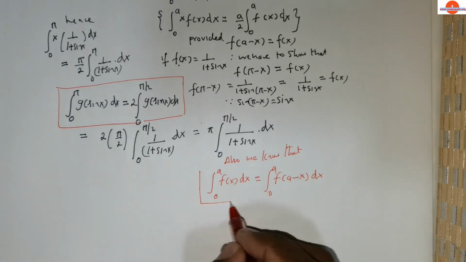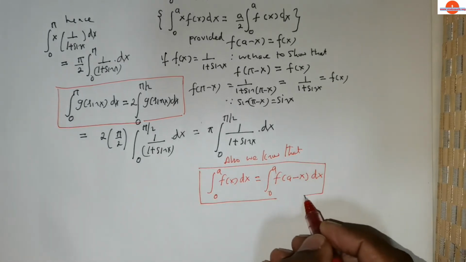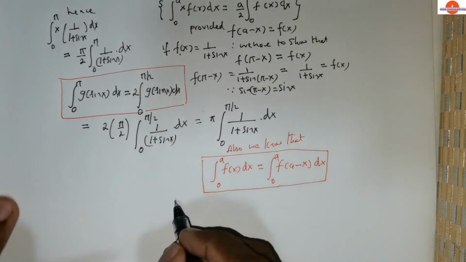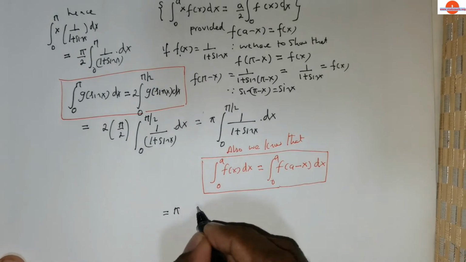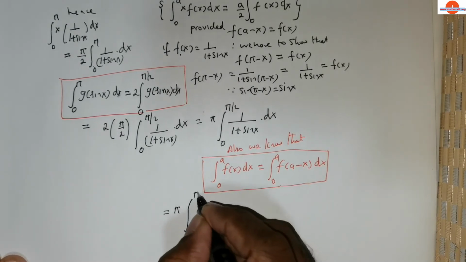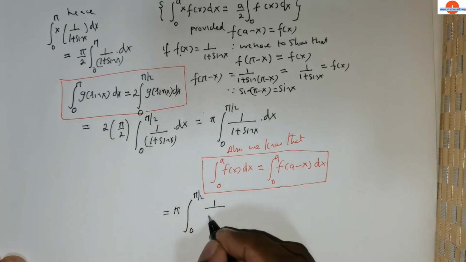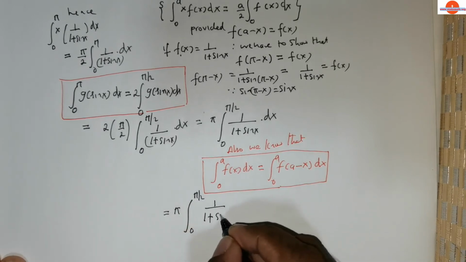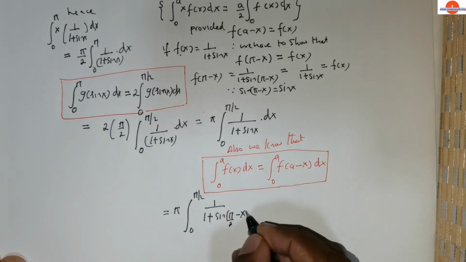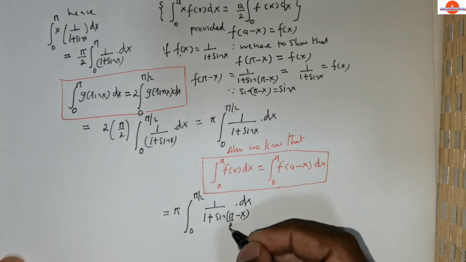So this is another property that we would be using. Because of this property, the integral can be rewritten as pi times the integral from 0 to pi over 2 of 1 over 1 plus sine of pi over 2 minus x times dx.